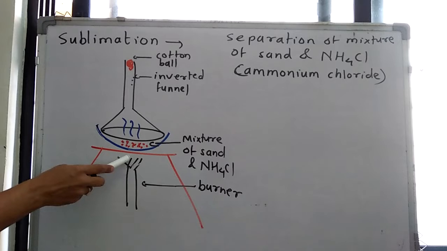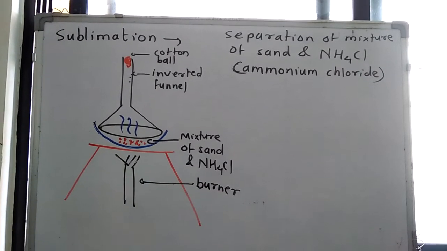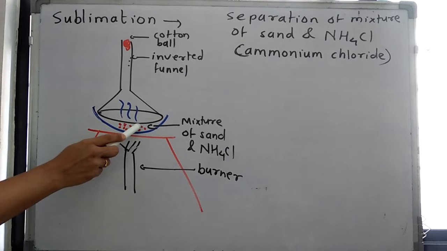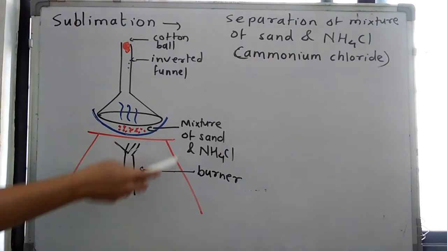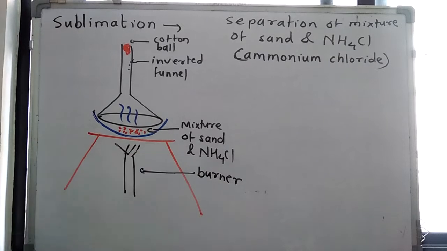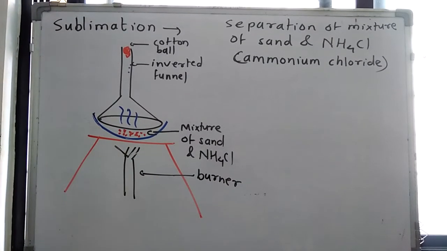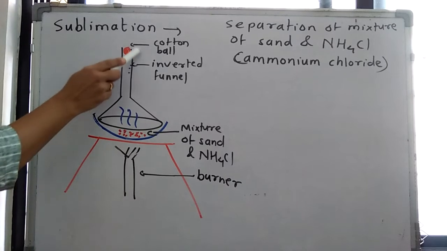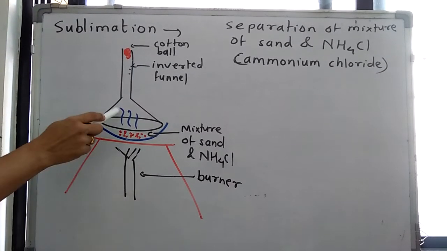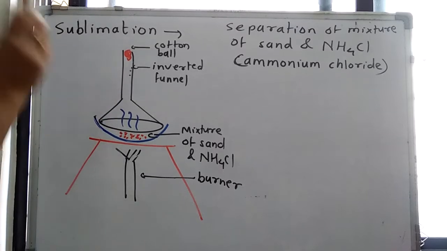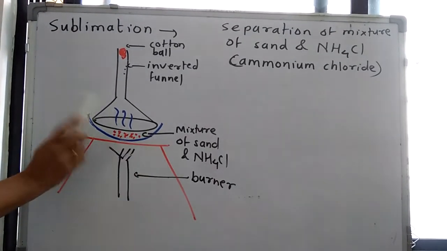When we heat this mixture, ammonium chloride, being a sublimable substance, which is first in the solid state, gets converted into fumes. So it will get evaporated. We have plugged the end of the inverted funnel with the cotton ball, so we will not allow these fumes to escape. These are fumes of the ammonium chloride only, and sand remains as it is.